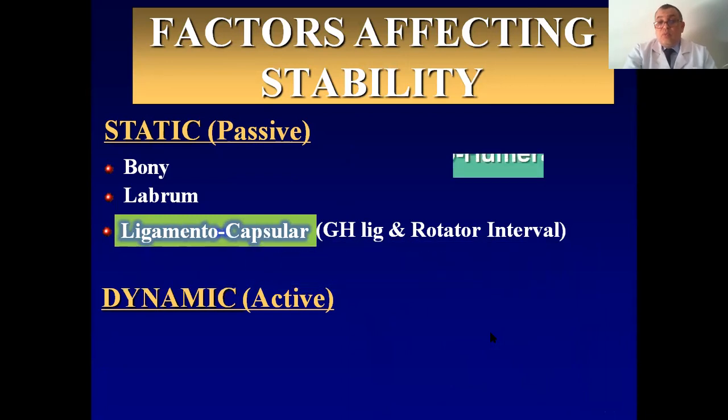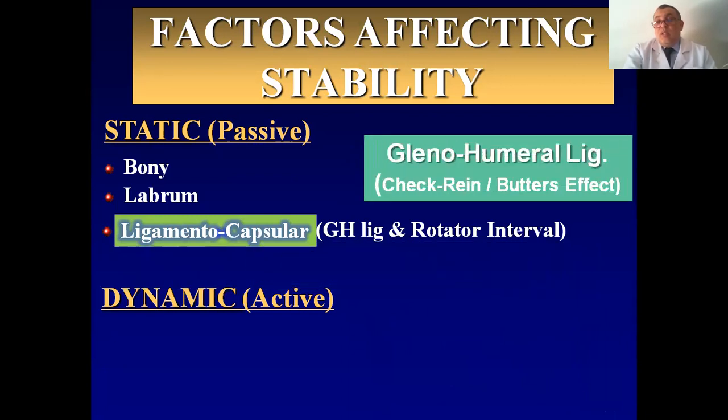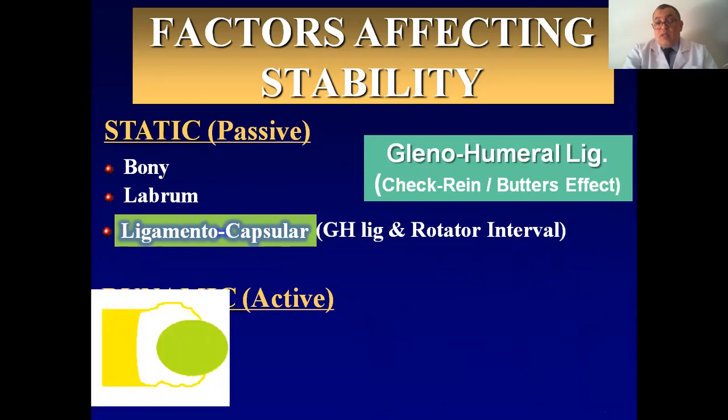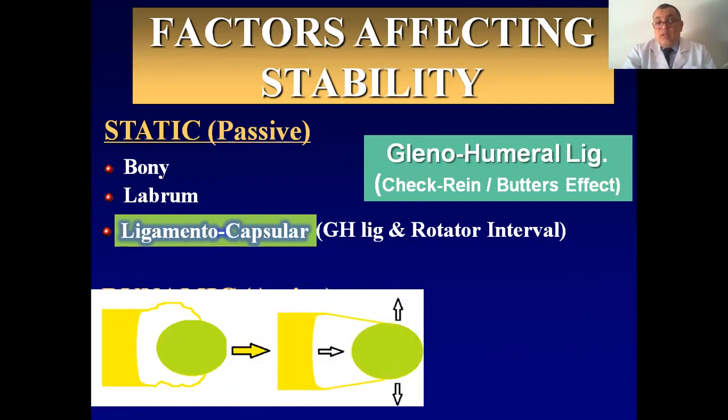The most important one is the inferior glenohumeral ligament, and it acts by two mechanisms, as a check rein and by its buttress effect. A check rein is simply like a rope. When tightened, it prevents further translation of the head, but it cannot prevent side motion of the head.